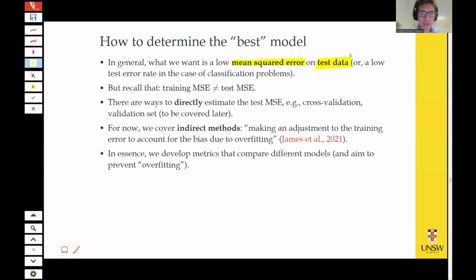Now, an issue that we have is, if you recall, the training MSE is not the same thing as the test MSE. Well, yes, because when you fit your model using the training data, if you overfit, if you capture trends that are not real patterns in the data, it's just that you're mistaking some noise for a trend.